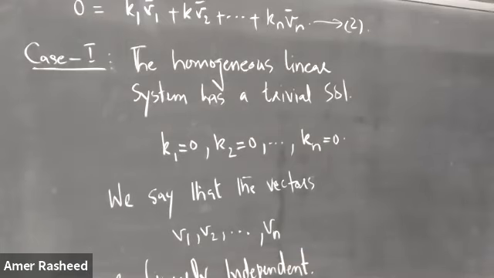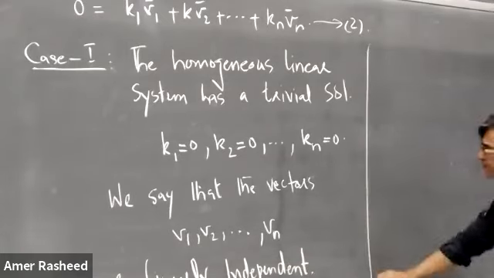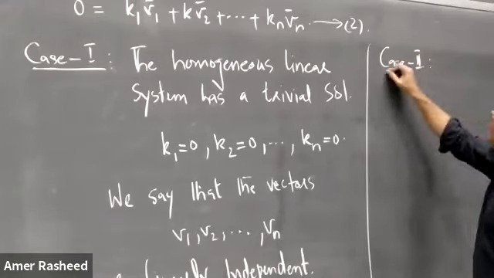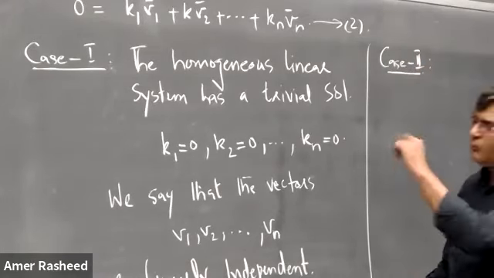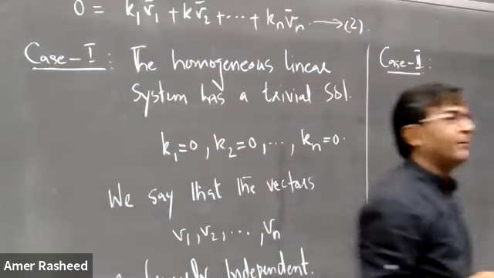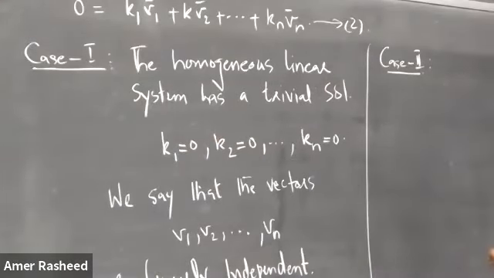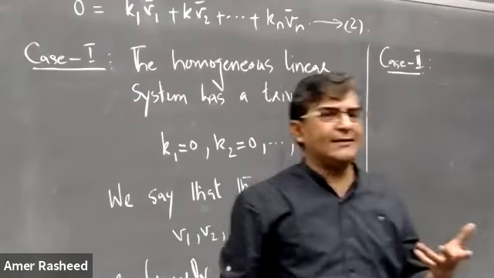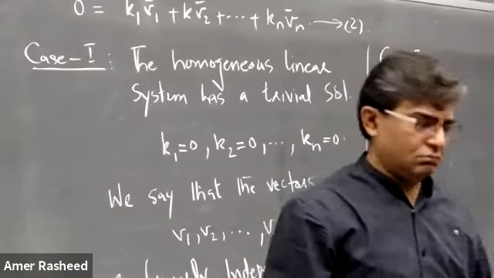Okay? And case two, this homogeneous linear system has infinitely many solutions. Infinitely many solutions means at least one of the k's is not zero.